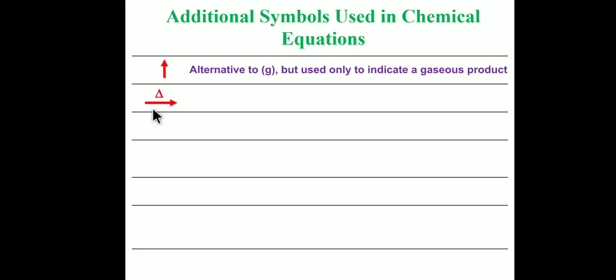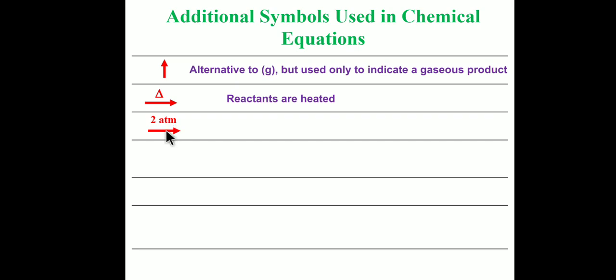Next, just now we discussed the arrow. Above the arrow we represent delta, which indicates that the reactants are heated. Whatever reactants we have taken on the left hand side, we are heating them. Then there is pressure.